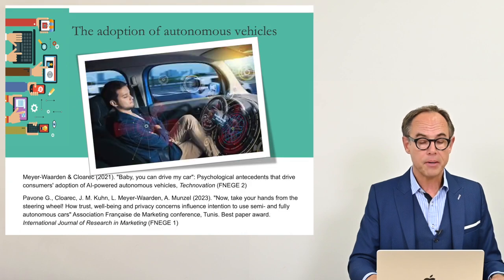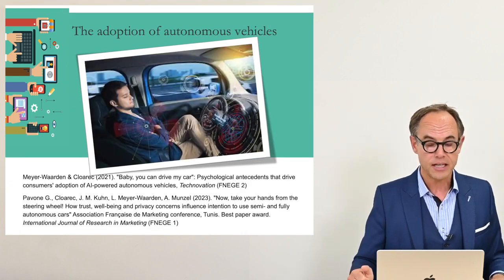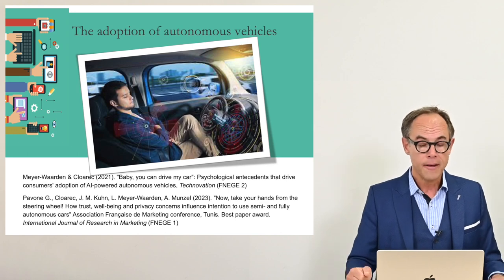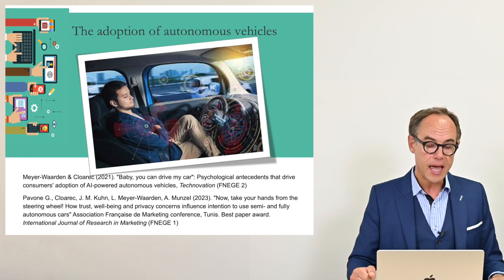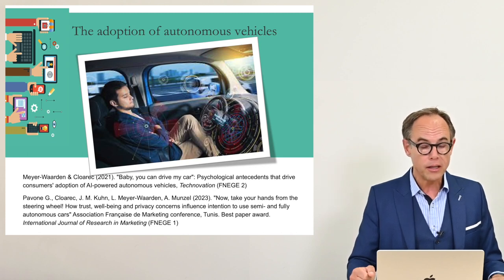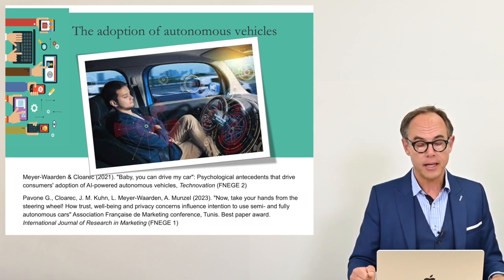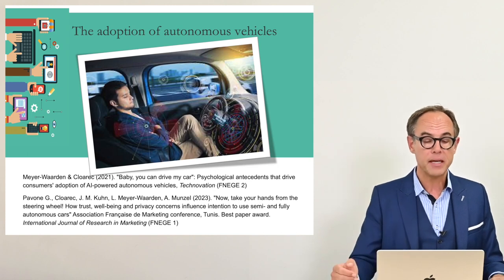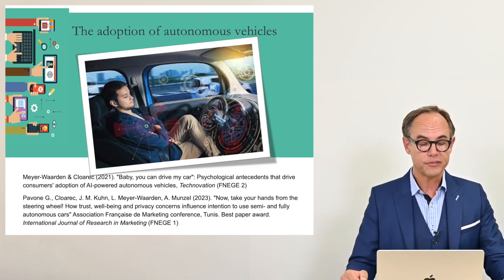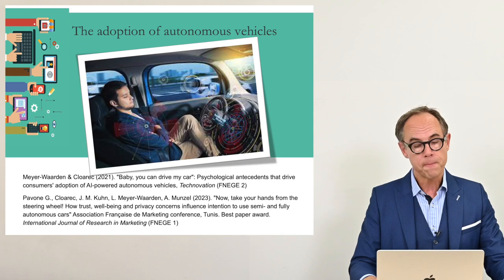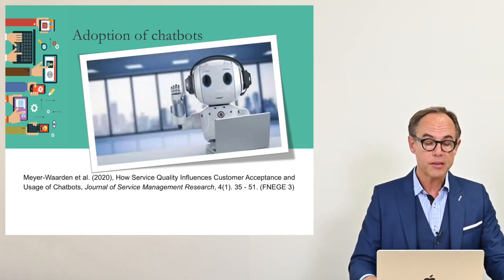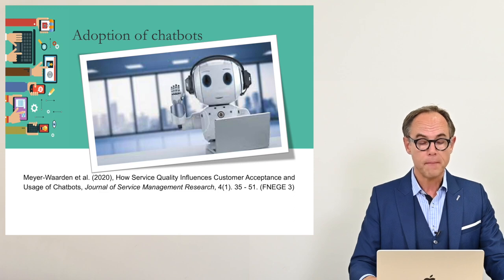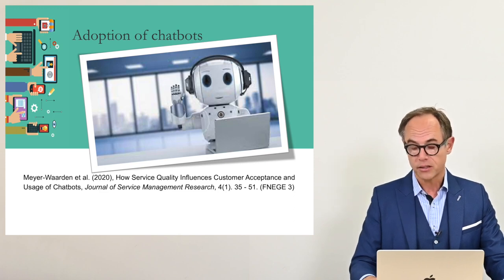We will see the article about the adoption of autonomous vehicles, which was published in 2021 in Technovation, a rank 2 journal, and it's actually under revision in a rank 1 journal, the International Journal of Research in Marketing, and we got a Best Paper Award at the Academic Conference of the French Marketing Association. Then we have an article about the adoption of chatbots, which is published in the Journal of Service Management Research, which is a rank 3 journal.